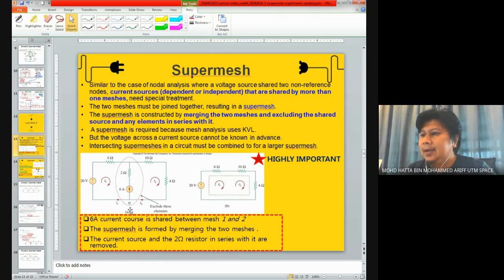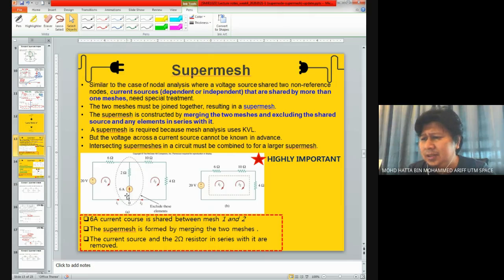Okay, maybe later on you can read all this because I've already explained the general part of Supermesh, how the Supermesh happens. This is the circuit arrangement that you should consider a Supermesh analysis, and it is because of this current source, either dependent or independent current source.